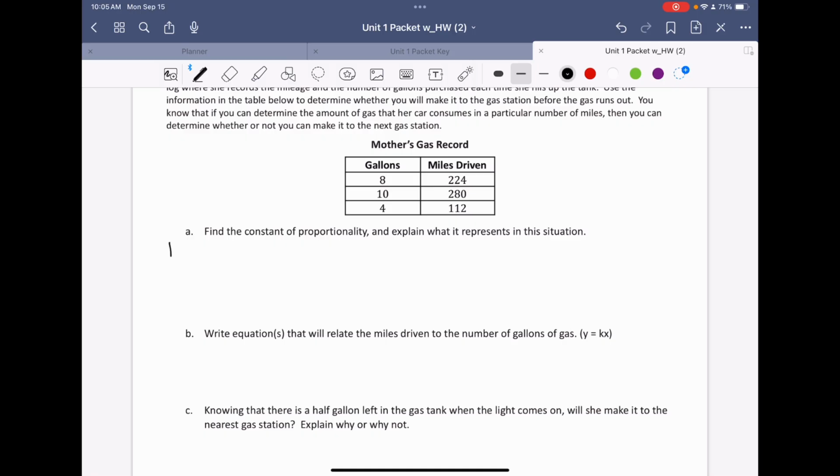So I know that k equals y divided by x, because the constant of proportionality is k. In order to do that, my units, when I look up here, remember we're labeling x, then y. So I'm going to have miles divided by gallons.